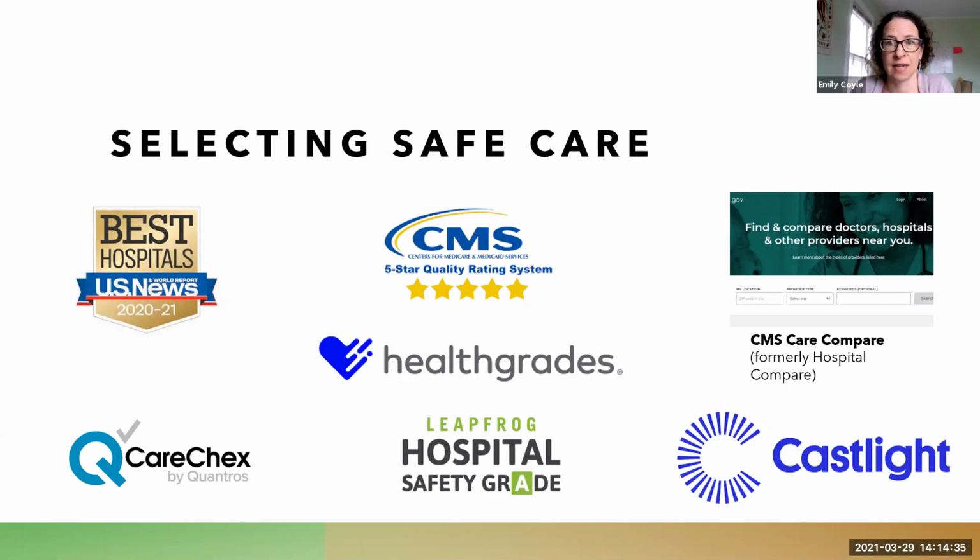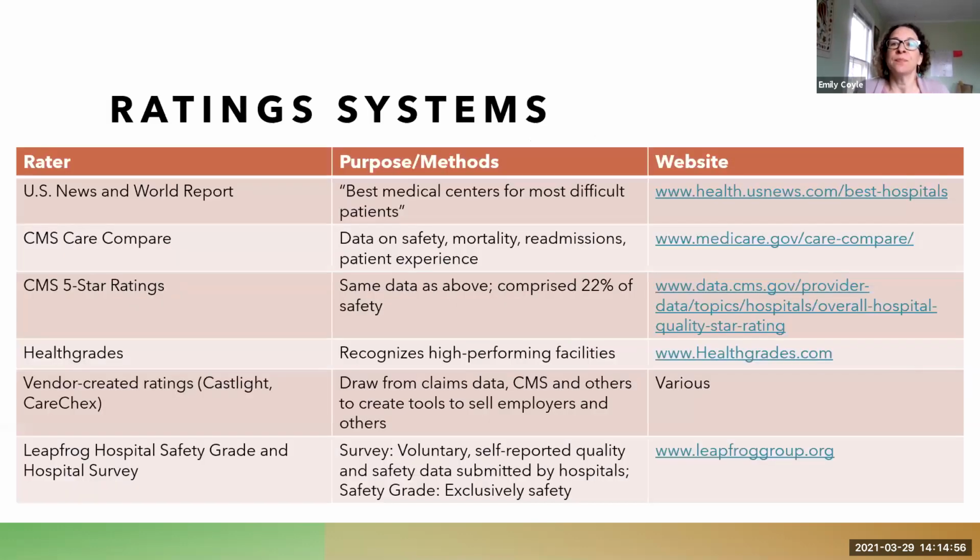However, there are resources that enable individuals, families, and healthcare purchasers to have some control over the quality and safety of healthcare they receive. I want to share a brief overview of some of the different hospital-specific patient safety rating systems that are publicly available to consumers, recognizing that not one system captures everything that matters to everyone. So first, there's US News and World Report.